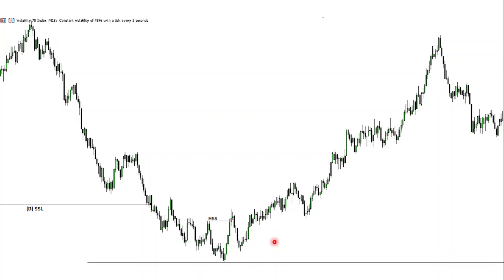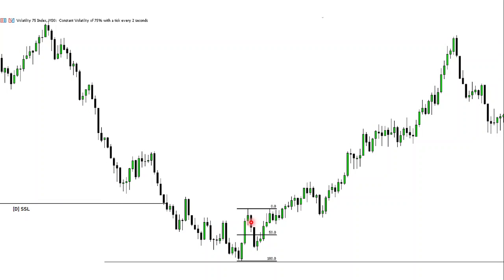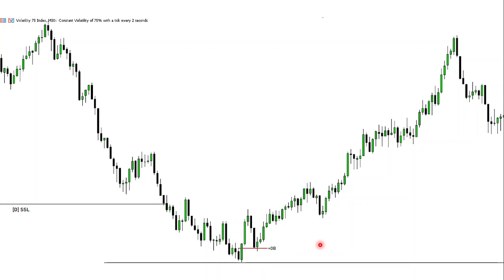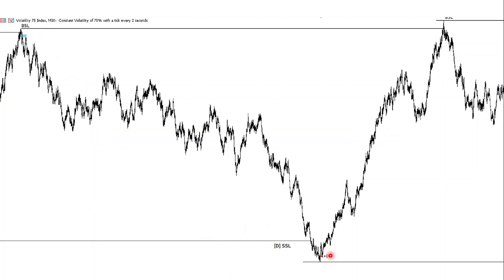So move between the 30-minute and lower time frames, and mark your range. In this one you also have that bullish order block, and if that's where you entered, that's how it would have gone.